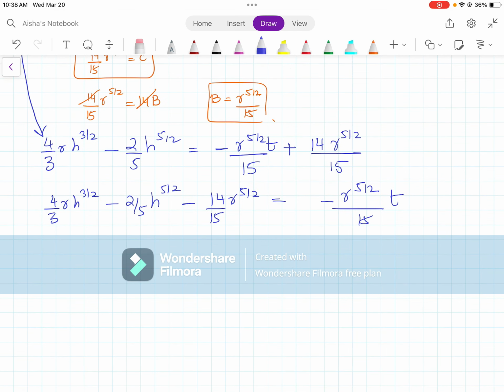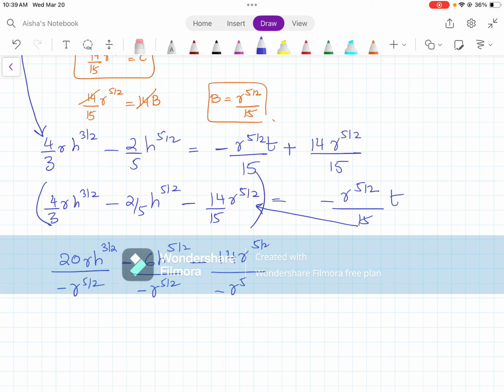Multiplying the entire equation by 15, 15 into 4 upon 3 gives you 20 r h to the 3 upon 2 minus 6 h to the 5 upon 2. I multiplied this entire thing by 15. Now divide by minus r to the 5 upon 2.